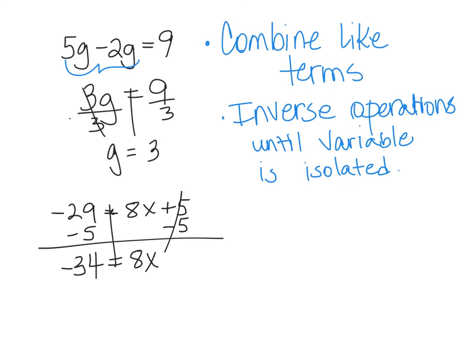And then now I'm going to divide both sides by 8. And we get x is, I'm going to go to my calculator, negative 17/4. If you want to do a decimal, so negative 4.25.